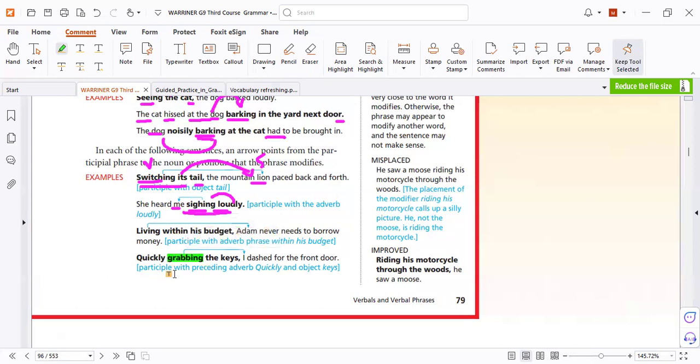What is it? This is a verb. Yes, then who grabbed the keys? This verb is done by the subject of this sentence. So what is the subject? I. So who was grabbing? I. Why? Because it's the subject of the sentence after the comma.